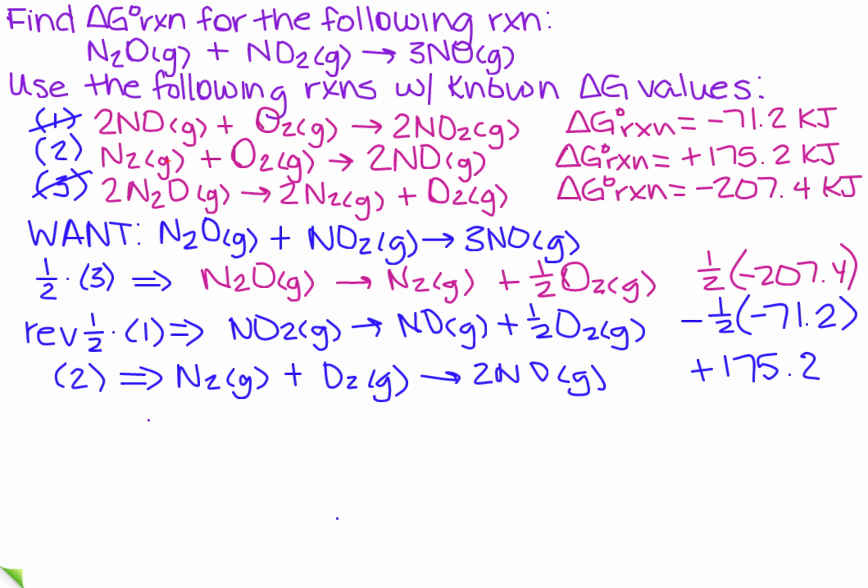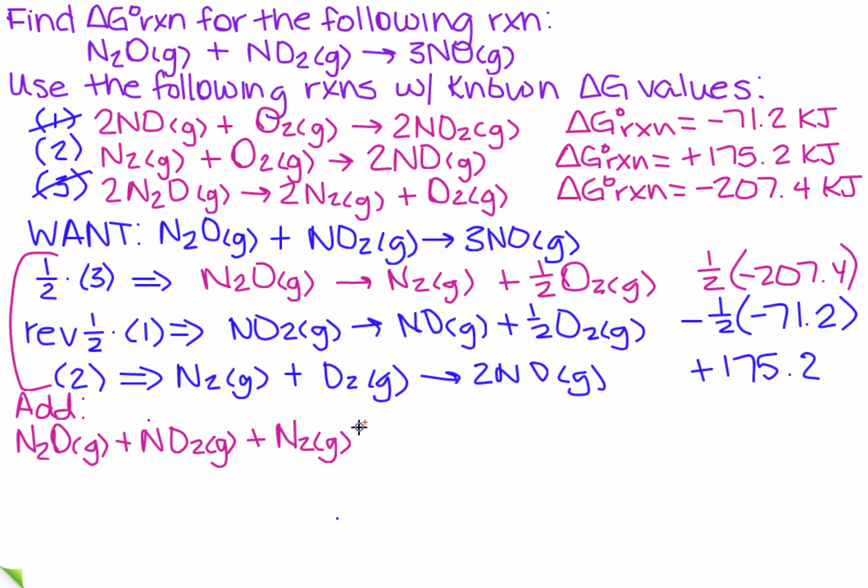Now, what I want to do is add straight down or straight across, however you want to think about it. I'm going to write every term that I see on the left in these 3 equations and every term on the right. So I get N2O gas plus NO2 gas plus N2 gas plus O2 gas.